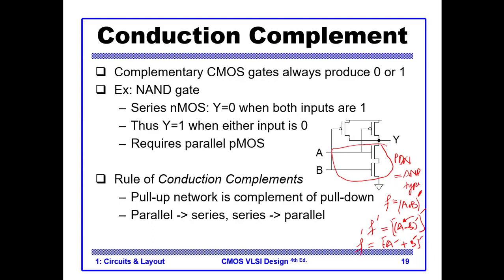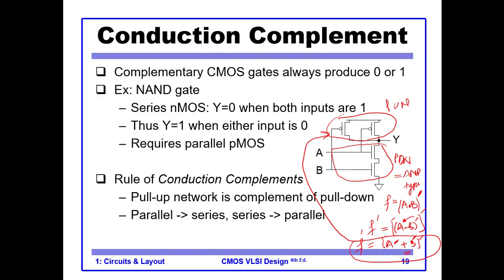And you see that this is exactly what our pull-up network is. It is OR type, parallel, and because of this bar we have PMOS. So this is how we construct a NAND gate.